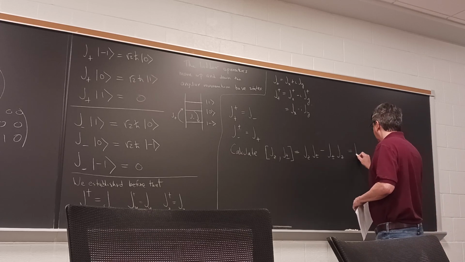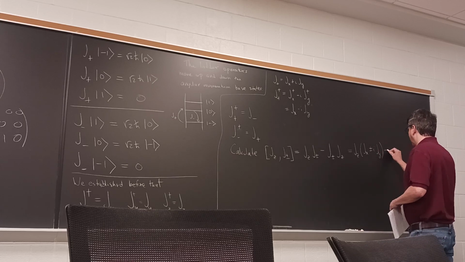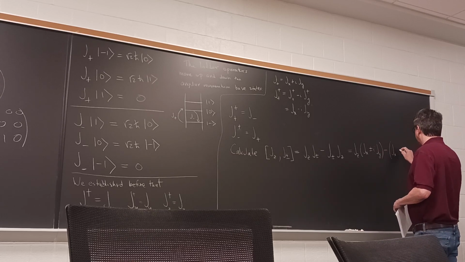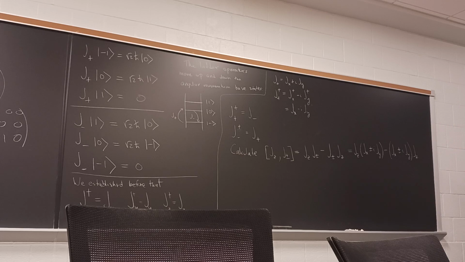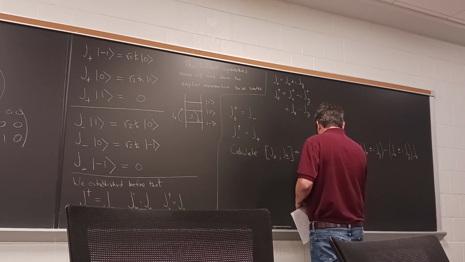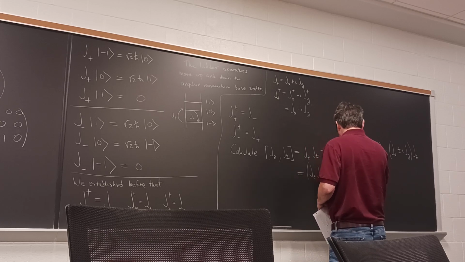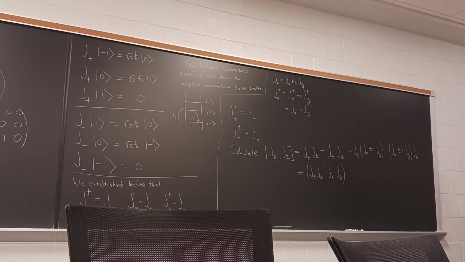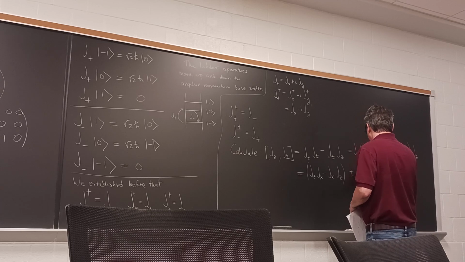Okay, so this is Jz times Jx plus minus i Jy, minus Jx plus minus i Jy times Jz. And that's just, let's collect the terms. So this is Jz Jx minus Jx Jz. And then now I have to calculate the terms with this plus minus. So we'll have plus or minus i.